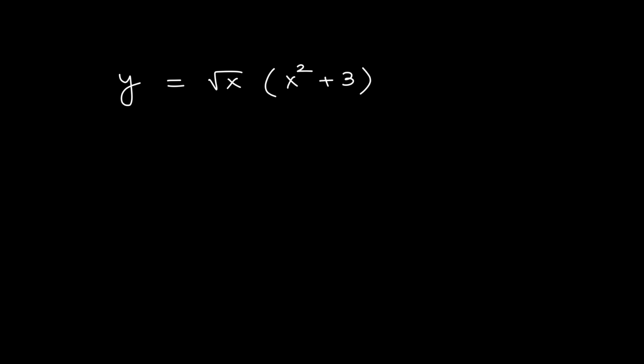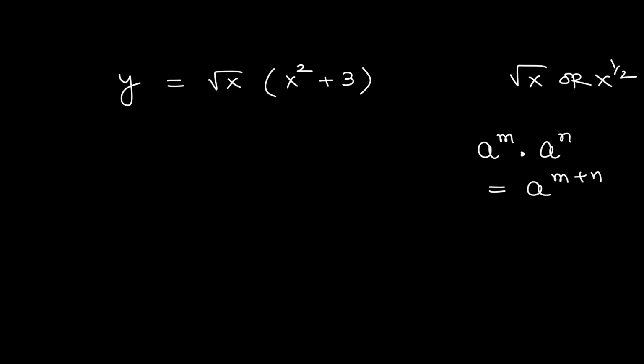What if some indices are more involved? Something like y equals square root of x times x squared plus 3. Now we know that square root of x means x raised to the power of half. We need the rules of indices also. a^m times a^n is a^(m+n).